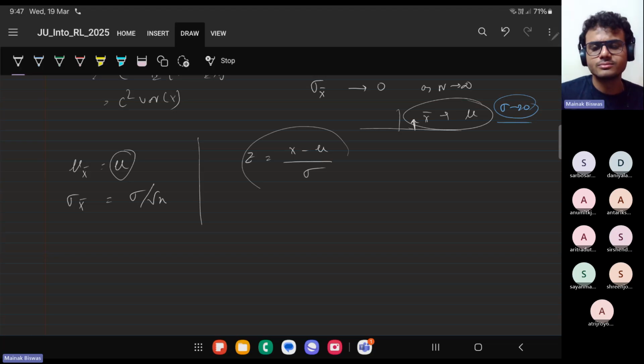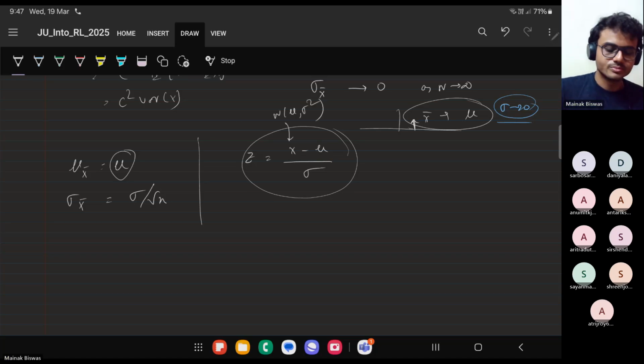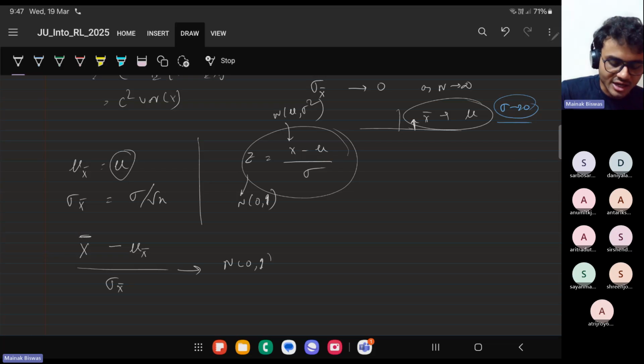Do you agree? Where x was normal mu, sigma squared, and this was normal 0, 1. Fine. So I am saying that x bar minus mu of x bar, divided by sigma of x bar, also goes to normal 0, 1. So this is called the central limit theorem.